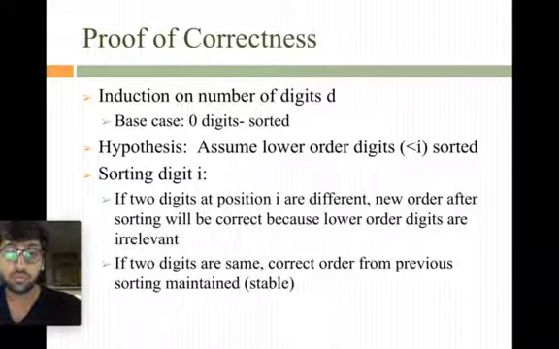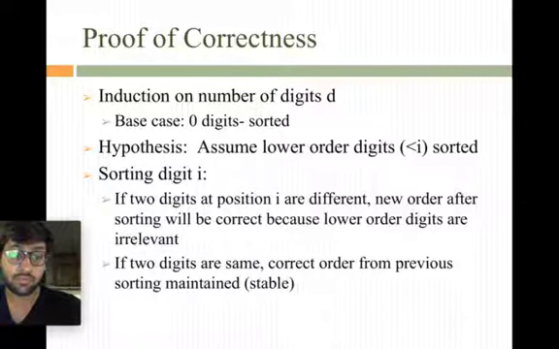Now we have to prove that while sorting through digit i, we obtain the correct order. Say that two digits at position i are different. Then the new order after sorting will be correct, because the lower order digits are irrelevant, because the digit at a greater order differs.